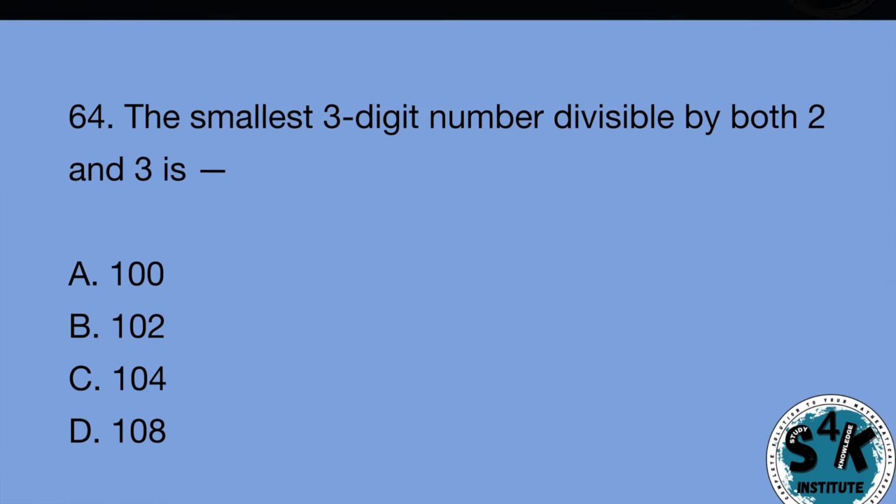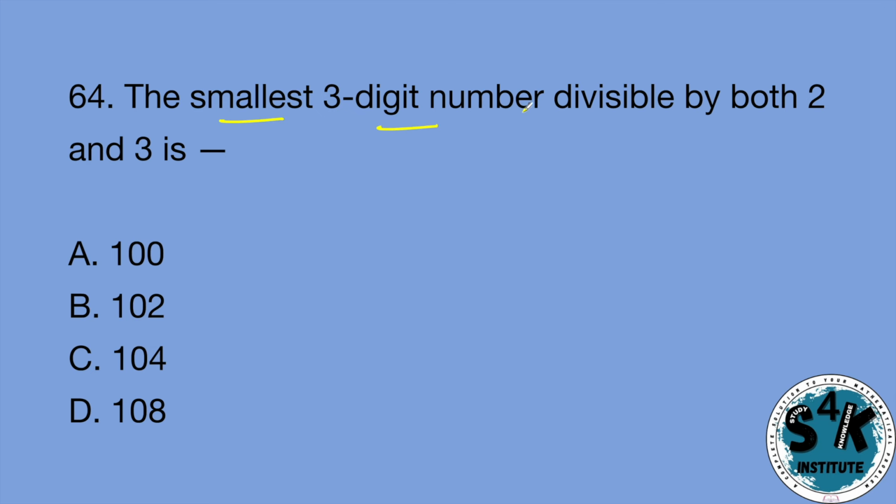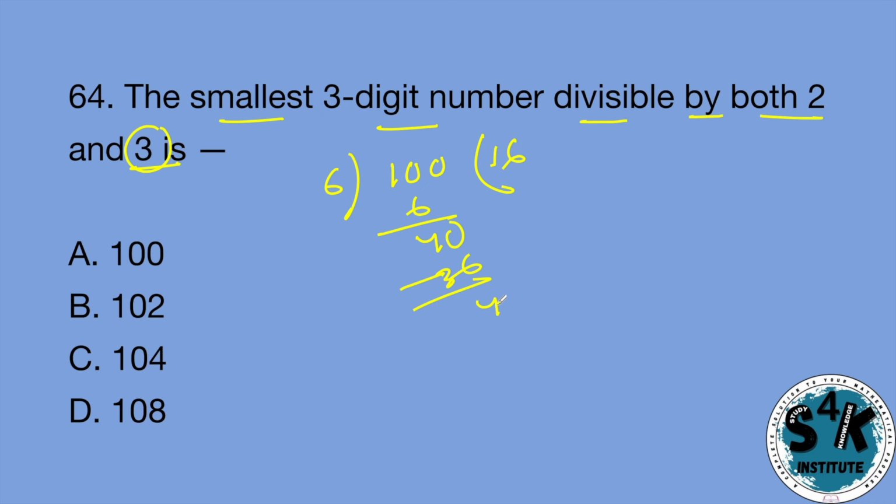Okay, so the smallest 3-digit number divisible by both 2 and 3. It should be divisible by 2 and 3 both, so the number should actually be divisible by 6. Which is the smallest 3-digit number? We have 100. If we divide 100 by 6, 6 times 16 is 96, so what is the remainder? You have 4.